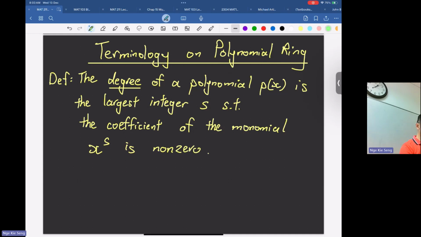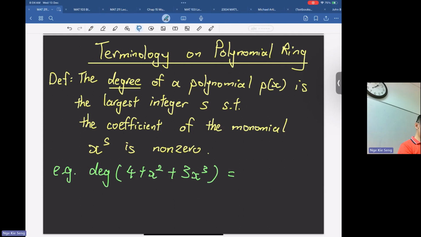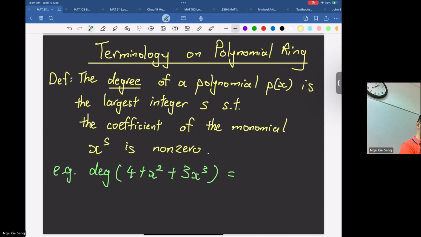Right. So for example, what's the degree of 4 plus x squared plus 3x cubed? What's the degree of this polynomial here?